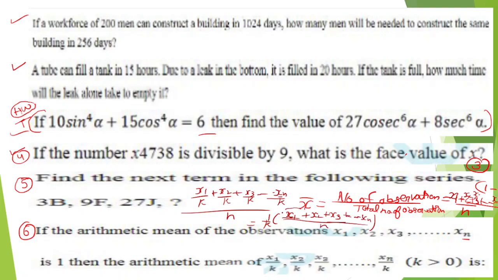Okay, and we know the value of this is equal to 1. So we put the value here, 1 by k, value is 1, the answer will be 1 by k.